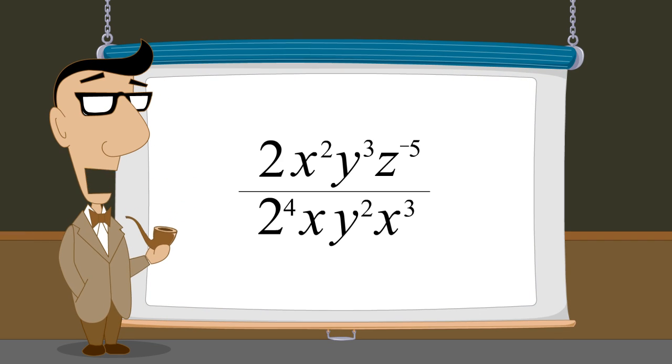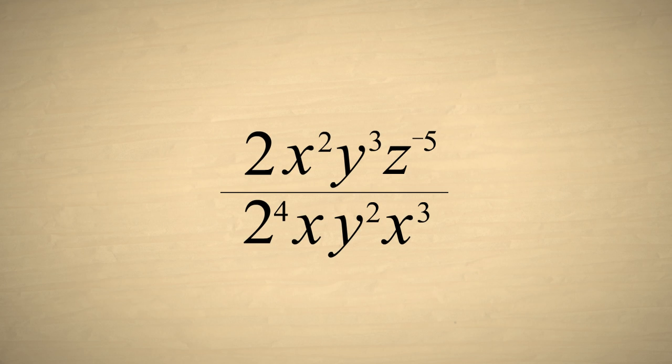Now let's try simplifying the expression with several different bases that we saw at the beginning of the lecture. We'll start by combining all the terms which have a base of 2. We first add an exponent of 1 to the term without an exponent so that we can subtract exponents.